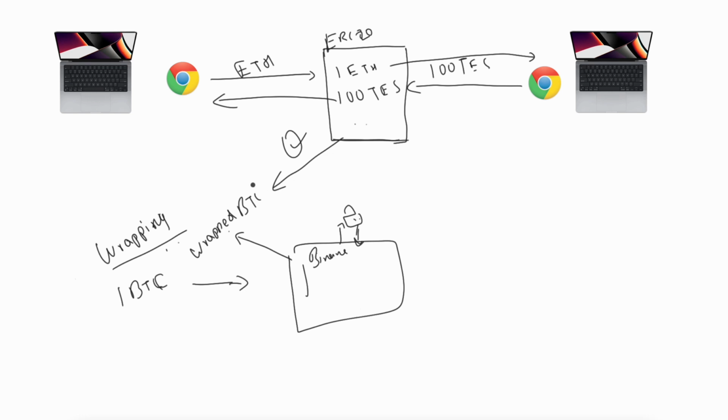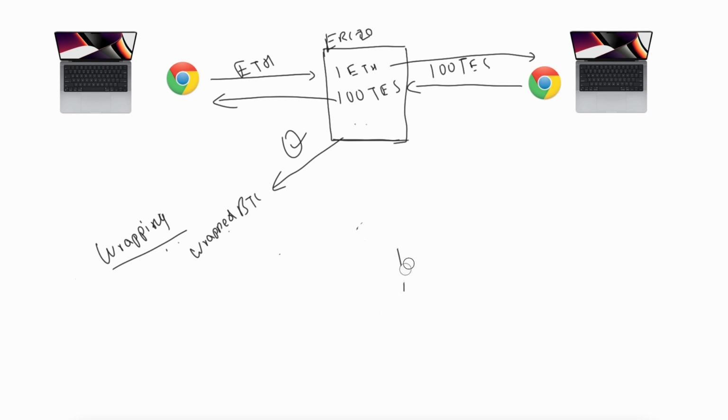Now you got a wrapped BTC, so this one Bitcoin is not there, we'll remove him from the picture. Now you can send this wrapped BTC to the network.